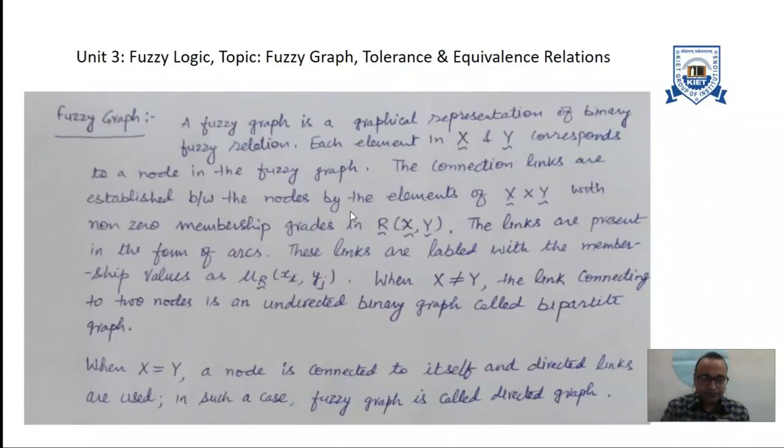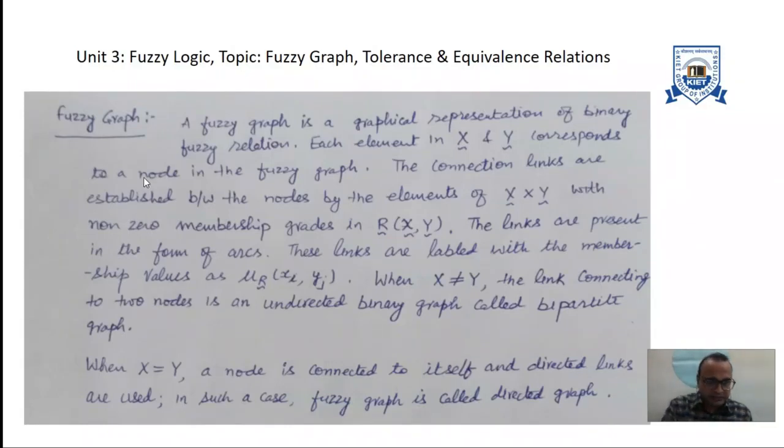Because we are talking about a graph, certainly in a graph we know that there are two things: one is a set of nodes, another is a set of edges, or rather we can say a set of arcs. So here the elements of the universe of discourse will represent the nodes, and the membership and the relationship between the ordered pair of these elements will represent the arcs of the fuzzy graph.